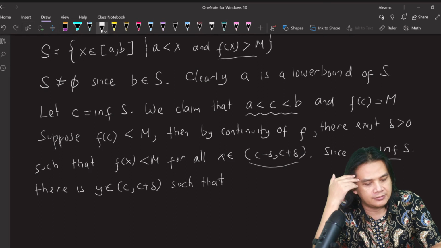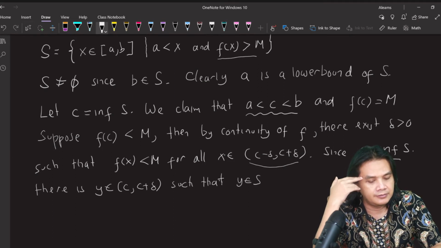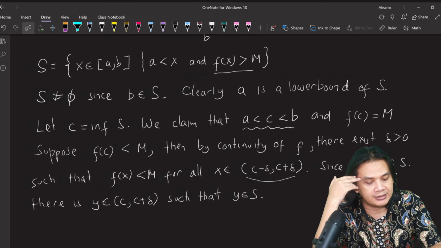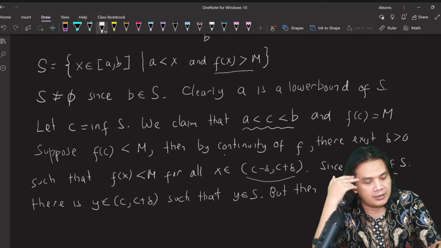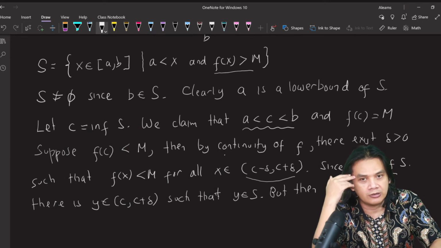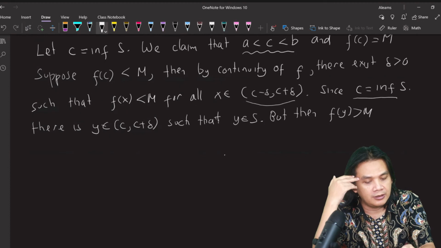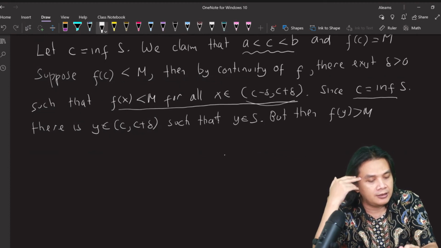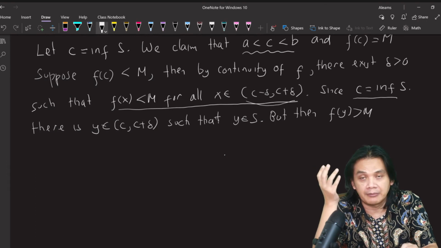But y in S means f(y) is bigger than M. This contradicts the fact that for all x in that interval, its value should be less than M. Right?